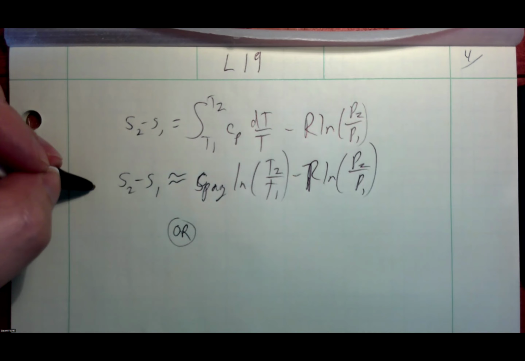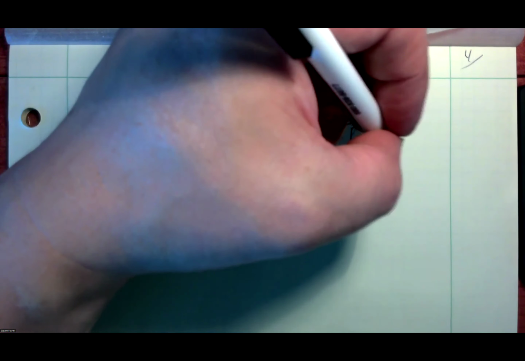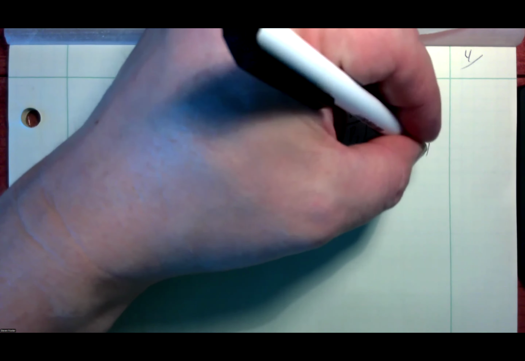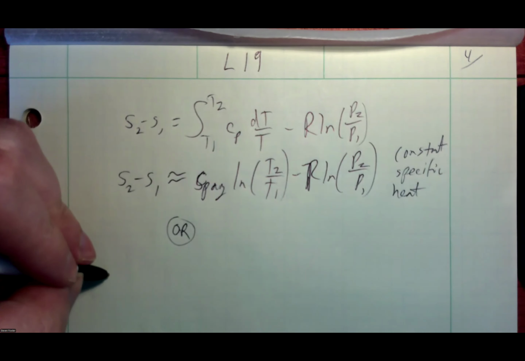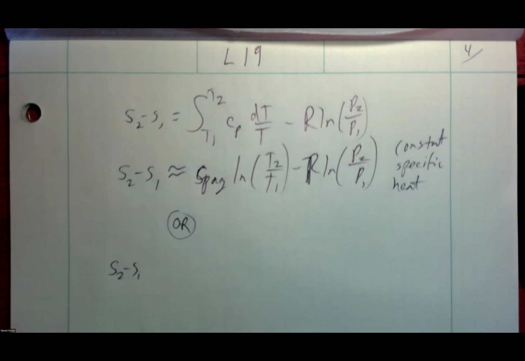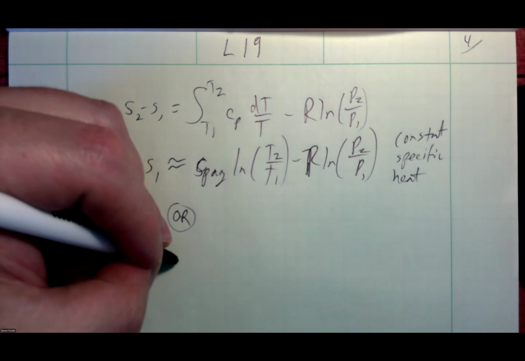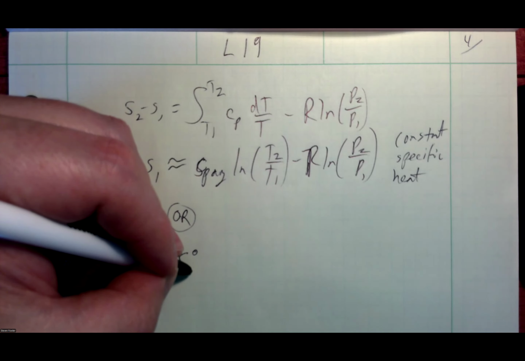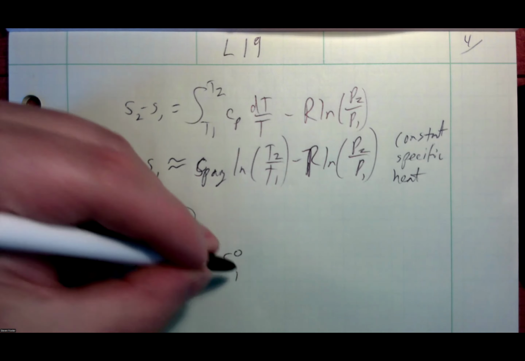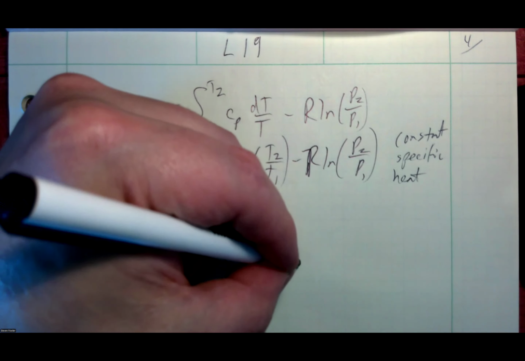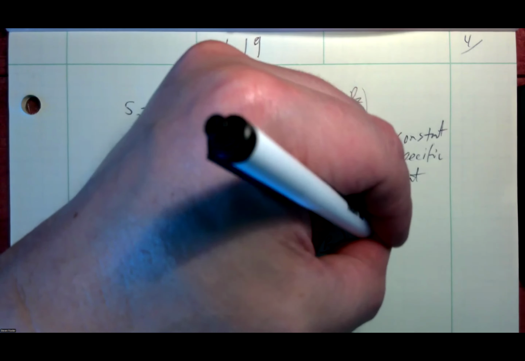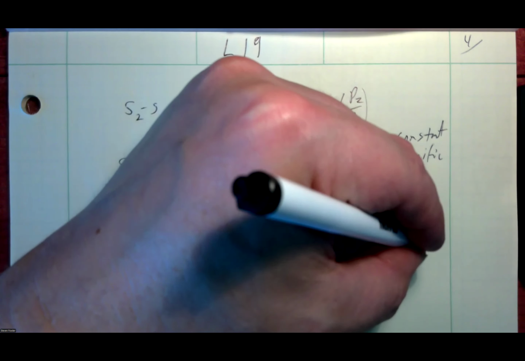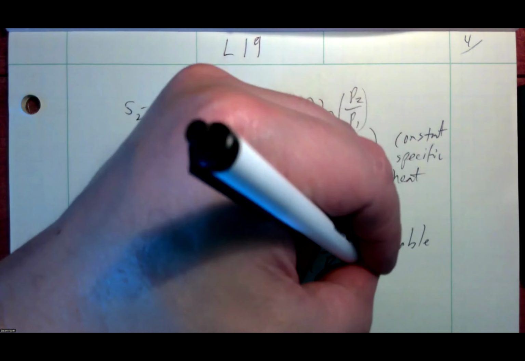This is what we call constant specific heat. Variable specific heat says S2 minus S1 is equal to S naught 2 minus S naught 1 minus R ln P2 over P1. This is what we call variable specific heat.